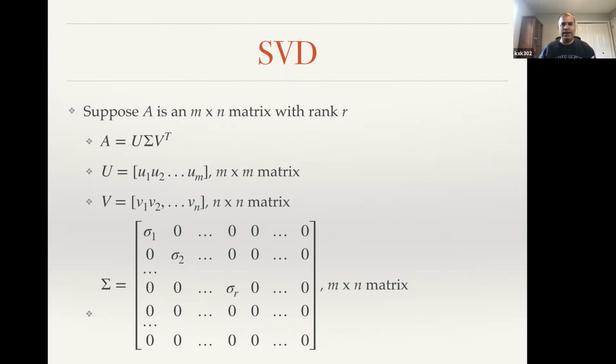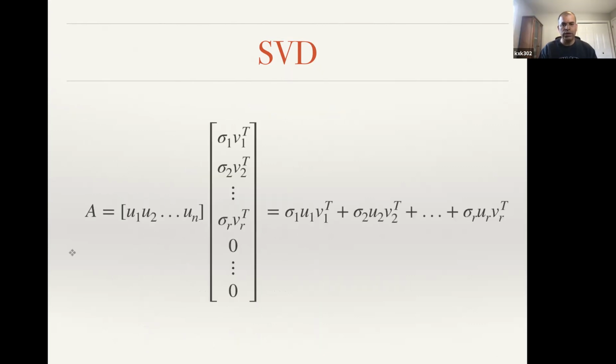V holds the n eigenvectors of A transpose A, and U holds m vectors that show the direction of stretching in AX.